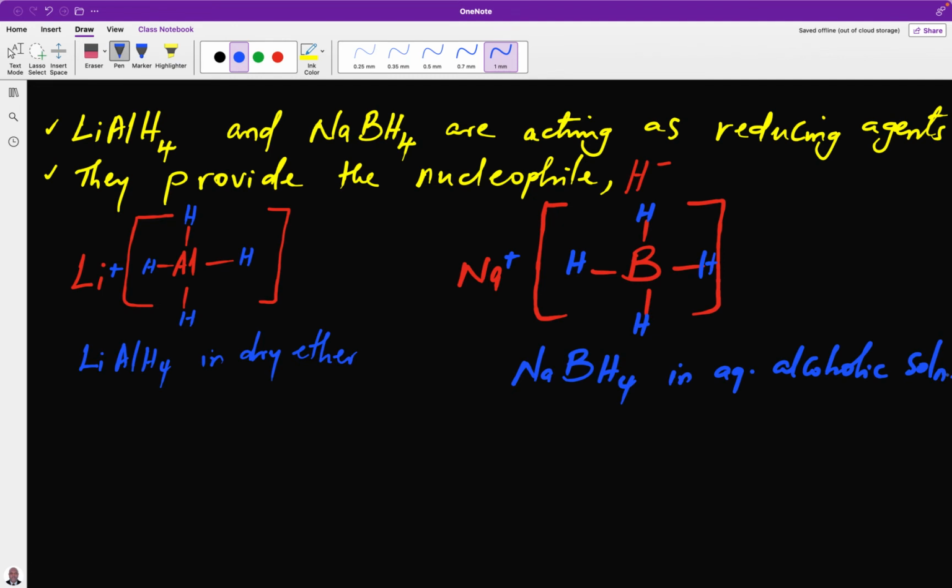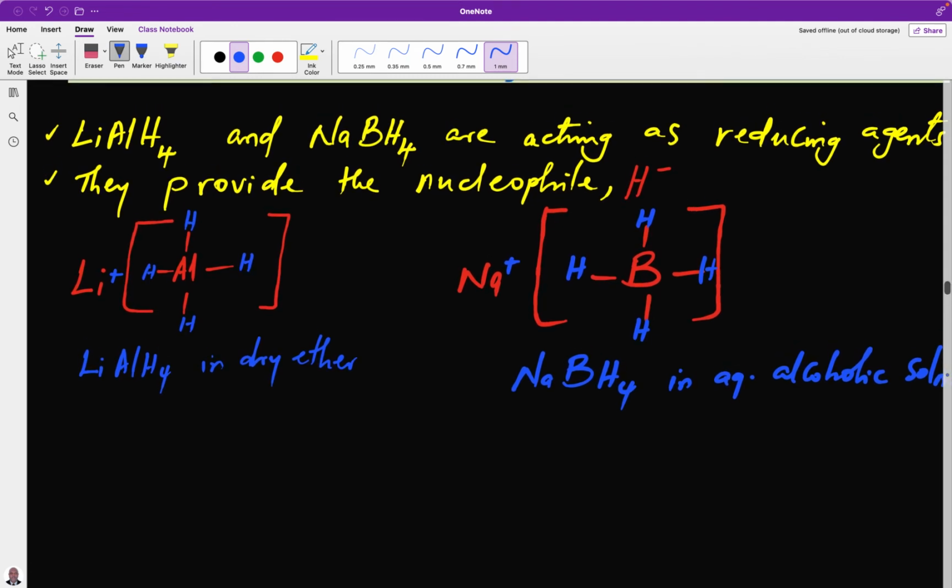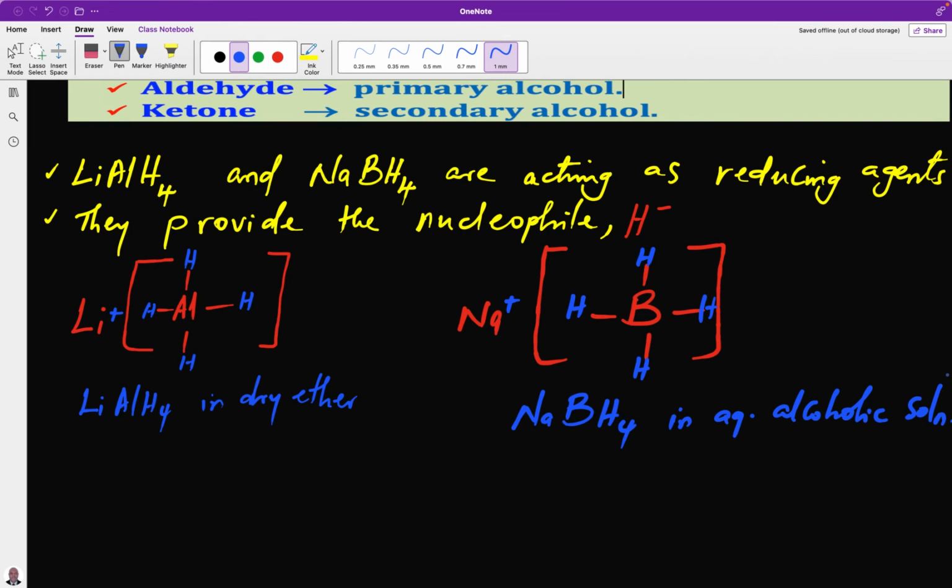Then, what I mentioned is that an example of dry ether is diethyl ether. Diethyl ether is an example of dry ether.